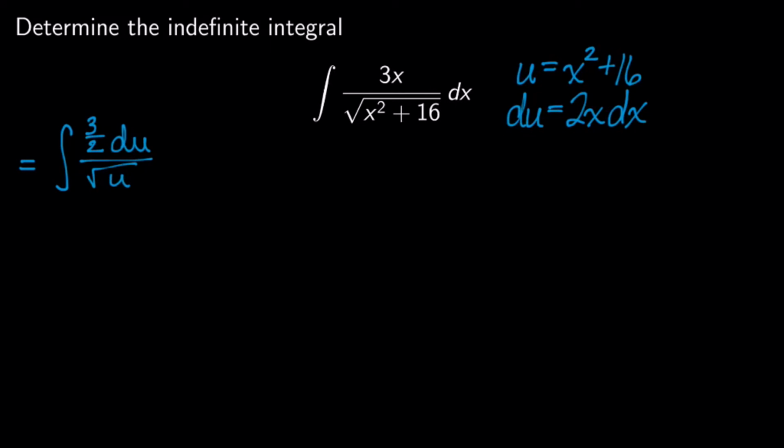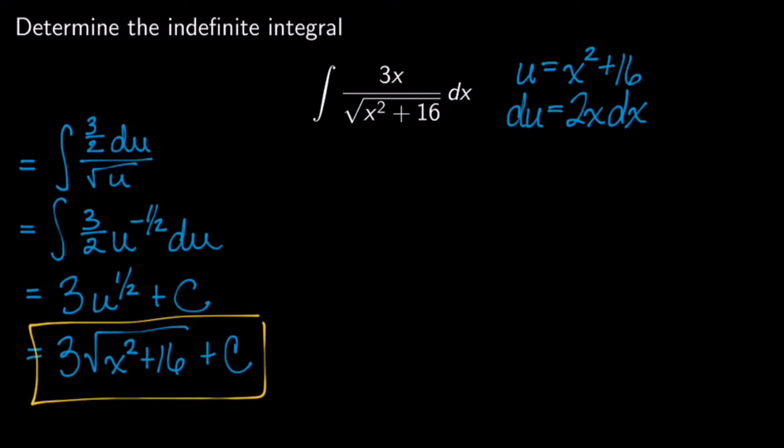And this integral turns into 3/2 du over radical u, also known as 3/2 u to the minus 1/2 power du. This integral is very easy to do. You get 3u to the 1/2 plus c, and you back substitute, and you get the solution.